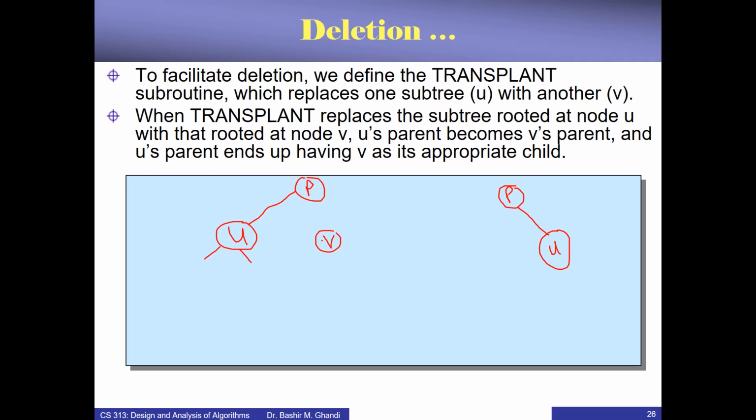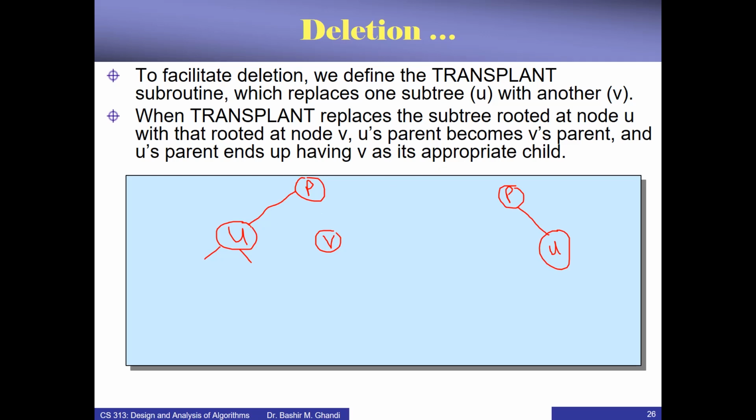So when we transplant the subtree rooted at a node U with the one rooted at V, this is what happens. U's parent becomes V's parent.